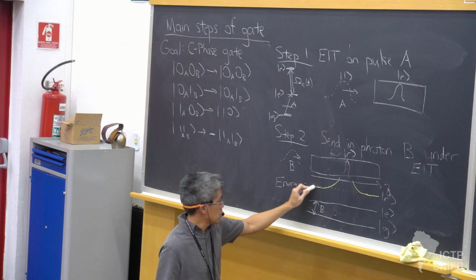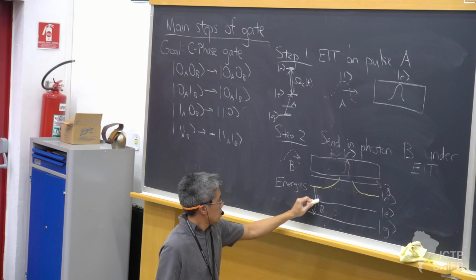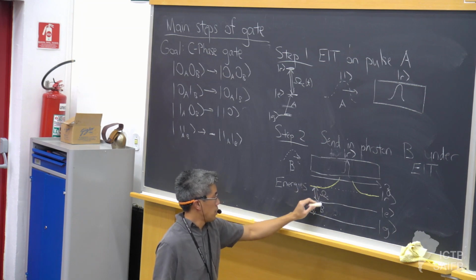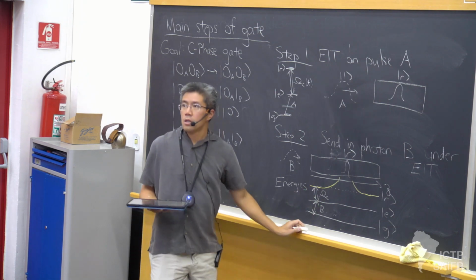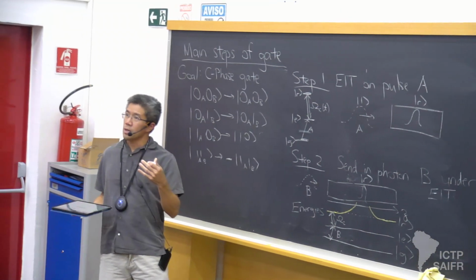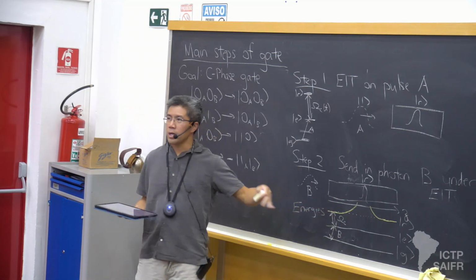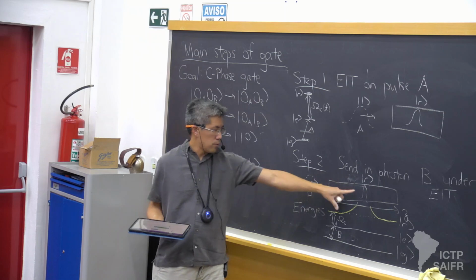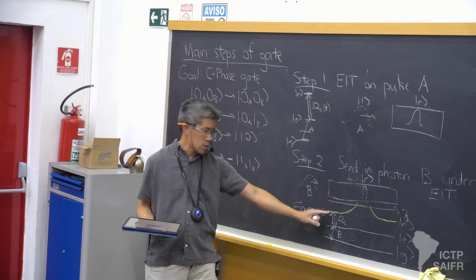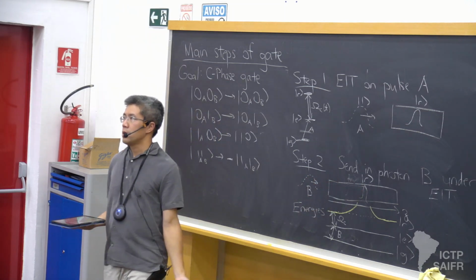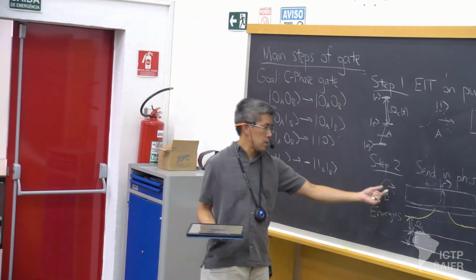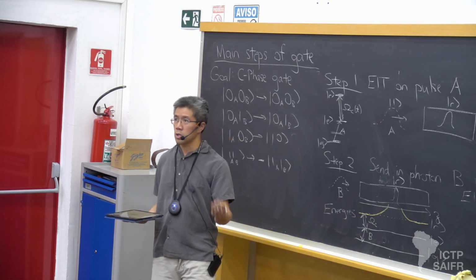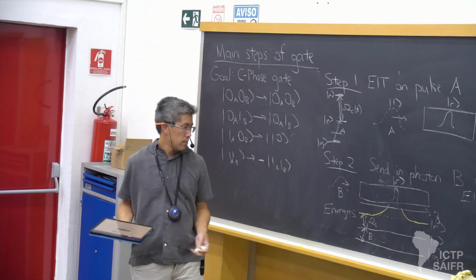I'm going to have a control field that's going to be resonant with the E to R transition, but it's going to be resonant assuming that my Rydberg state is in the right energy. Okay. So the point is that when I'm very far away from the existing Rydberg, my EIT is going to work exactly the same as always. So this photon B doesn't know about this Rydberg. It starts to enter. It sees this reduced group velocity. It turns into a polariton, et cetera.